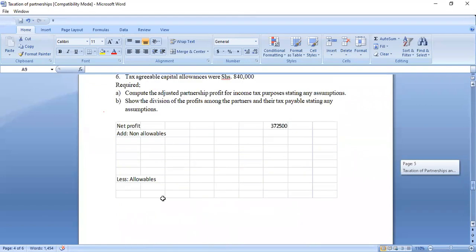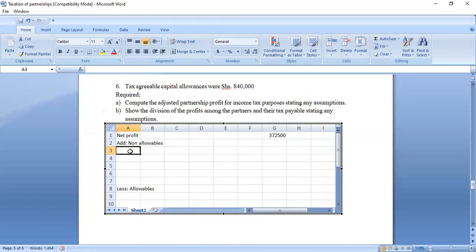Let me put that here: subscription to buddies scheme, 1,400. I'm putting it here because it was part of the expenses and reduced my profit, yet it's not supposed to be there as far as tax is concerned.